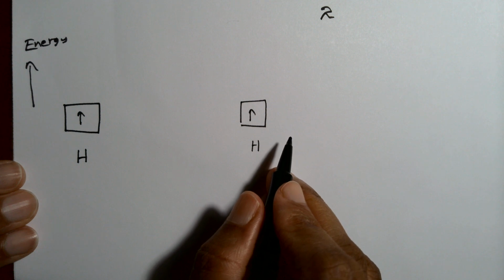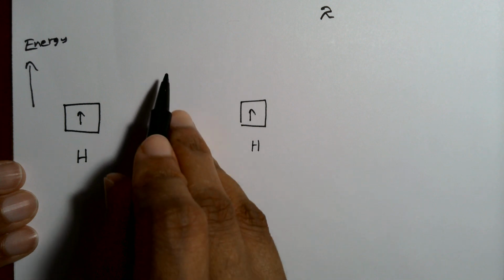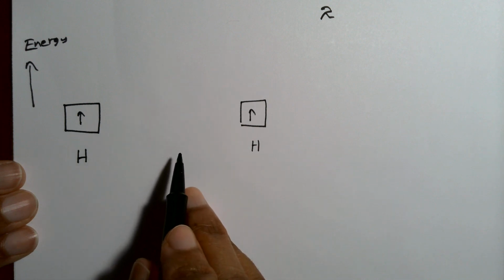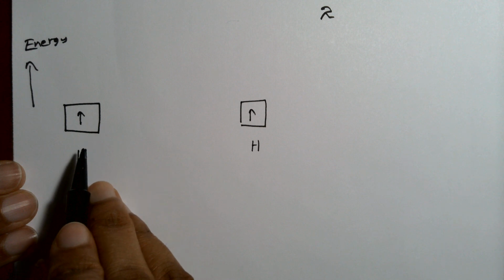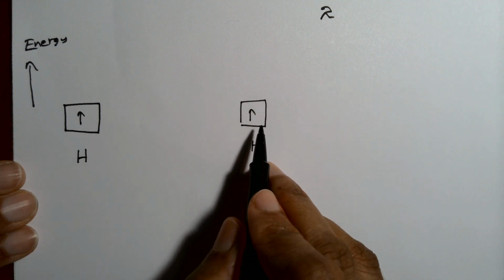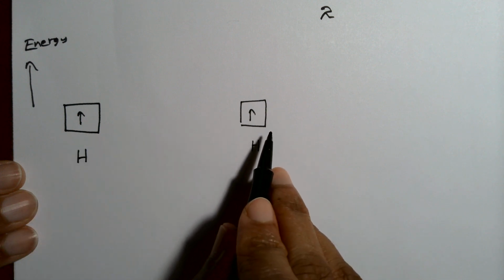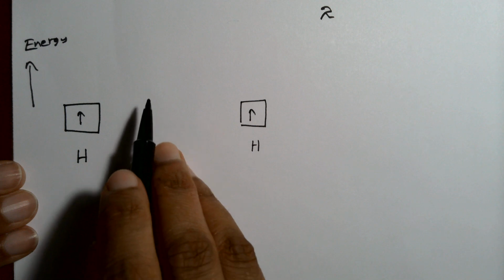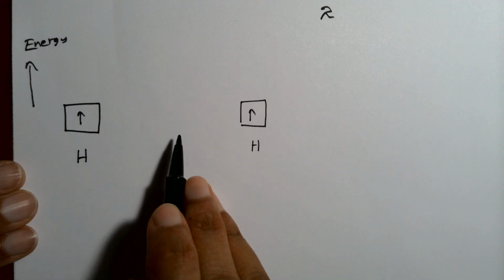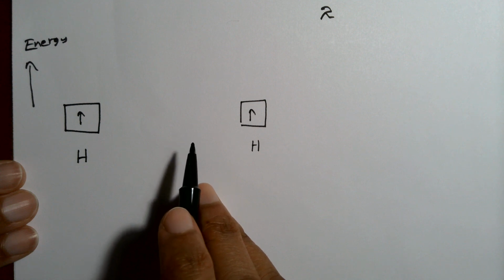Molecular orbitals are a property of the whole molecule, therefore we draw them in between the atomic orbitals. This atomic orbital belongs to this hydrogen, and this 1s1 orbital belongs to this hydrogen. However, after we overlap these atomic orbitals, the molecular orbitals we draw in the middle are a property of the H2 diatomic molecule.